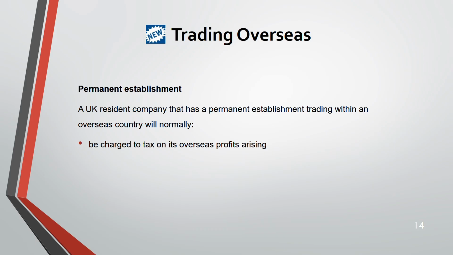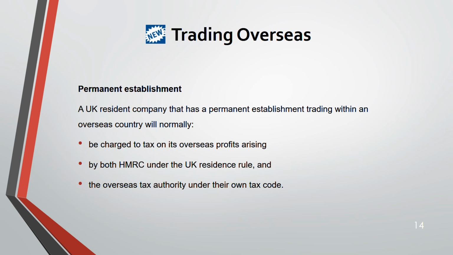So if you have a permanent establishment, like a branch or an office or a factory overseas, you will be charged to tax on the overseas profit by both HMRC under the UK residence rule and the overseas tax authority under their own tax code. So you will be liable twice, UK tax and overseas tax, if you have a permanent establishment. That's why you are going to get double taxation relief here.